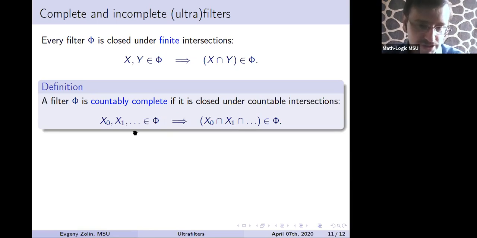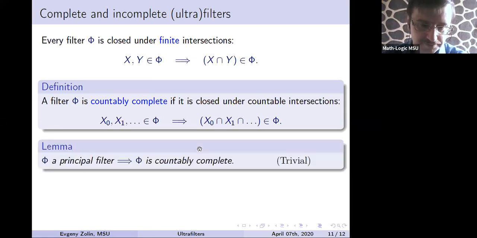If it is closed under countable intersections, then we call it countably complete. Of course, you can generalize it further: uncountably complete, for some cardinality kappa, kappa complete. So, a trivial fact is that a principal filter is, of course, countably complete. If all sets contain some set Z, then of course the intersection contains the same set Z. So for principal filters, this property holds immediately.